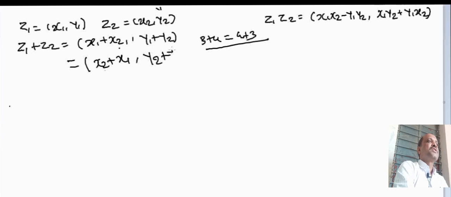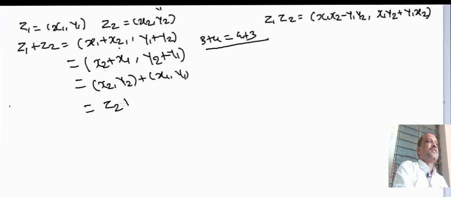What is this? This is nothing but (x2, y2) plus (x1, y1), which is z2 plus z1. So z1 plus z2 equals z2 plus z1. This shows that addition is a commutative property.